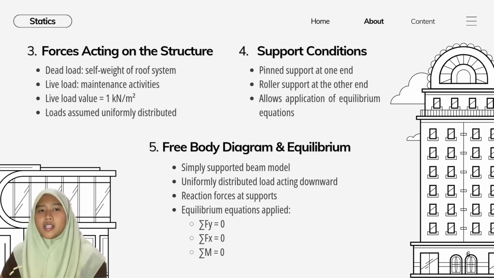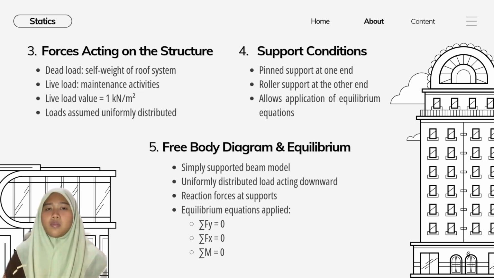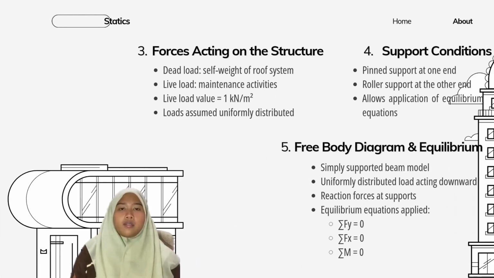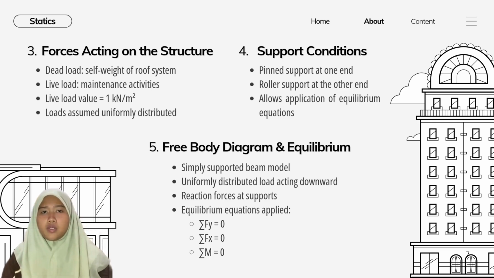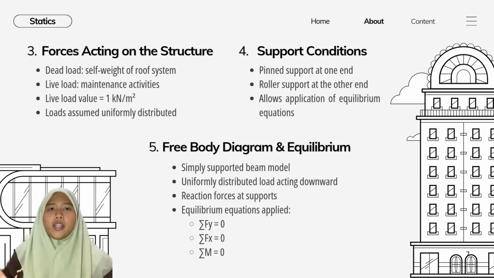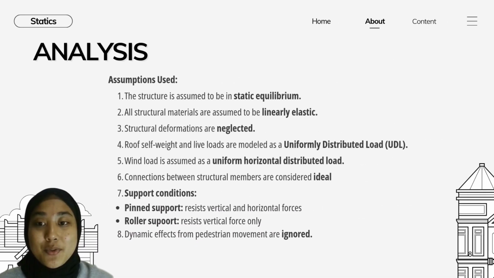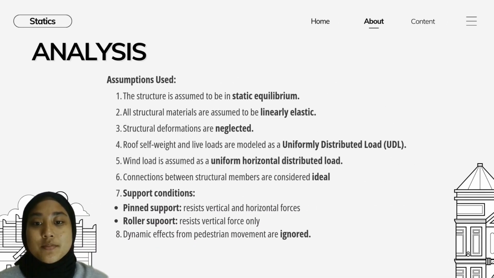This idealization allows the application of equilibrium equations while maintaining realistic structural behavior. And finally, number 5, the structure is represented using a free body diagram. The free body diagram shows the uniformly distributed load acting downward and the reaction forces at the pin and roller support.